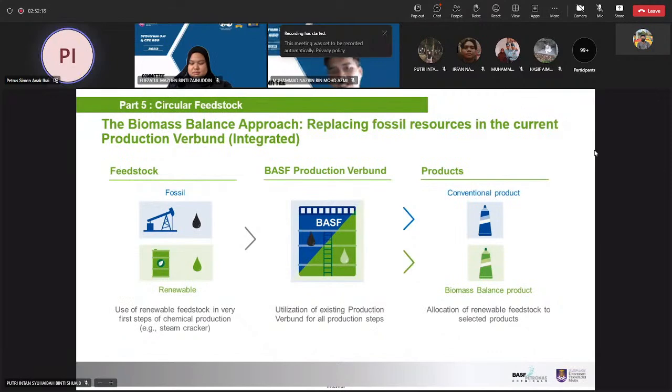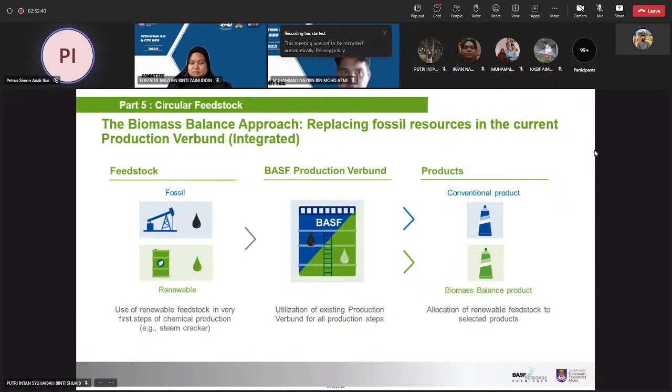So the biomass balance approach, how we do it in our production sites. The feedstocks go into the steam crackers, either fossil based or renewable based. Then we use the current production movement for all the steps.